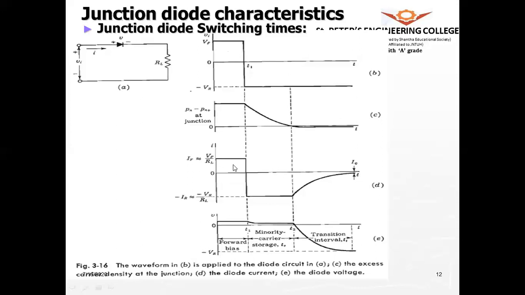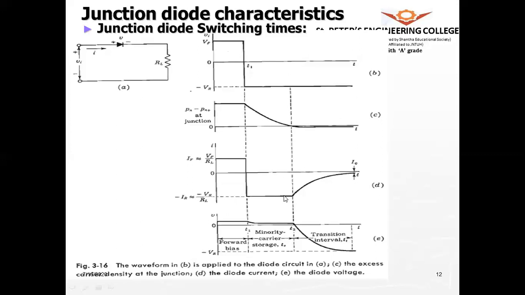Next, we can see the current. When it is forward biased, the current is given by Vf by RL, where RL is the load resistance, and when it is reverse biased, the current is given by minus IR, which is equal to minus VR by RL.